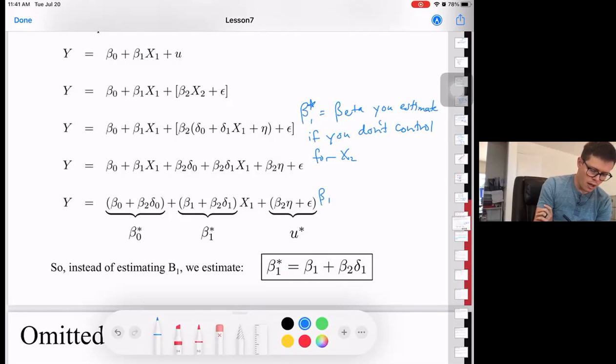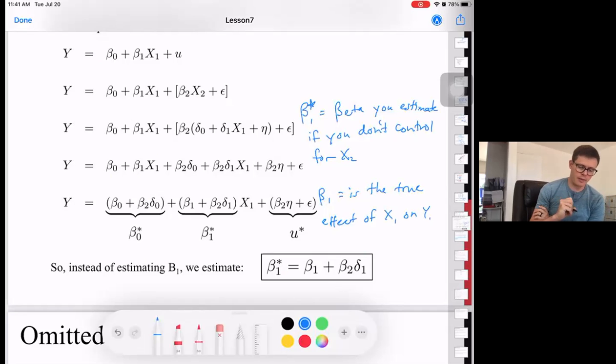The beta 1 is the true effect of x1 on the outcome. Okay? Okay. No other questions? Okay.